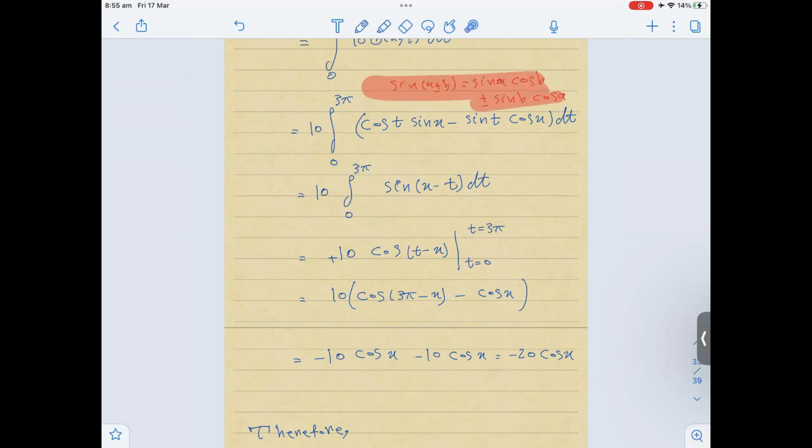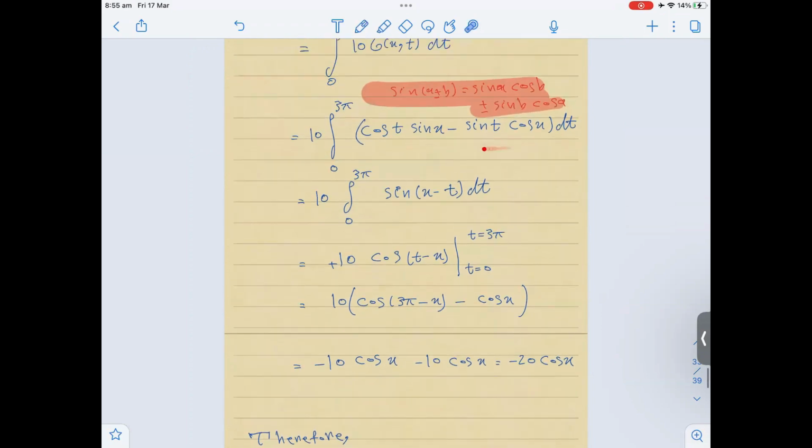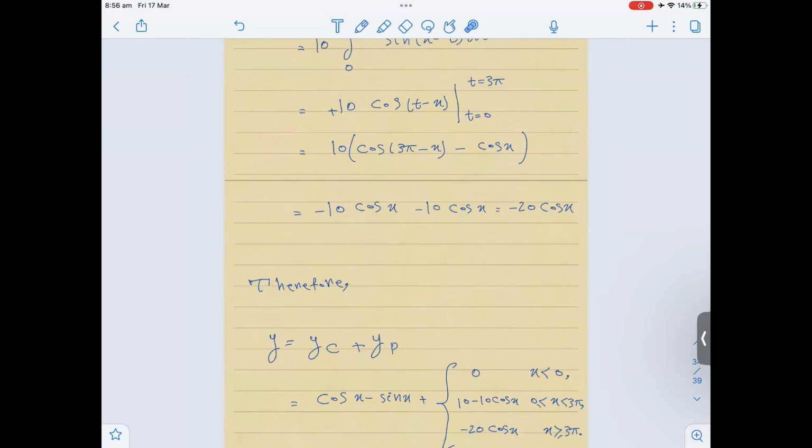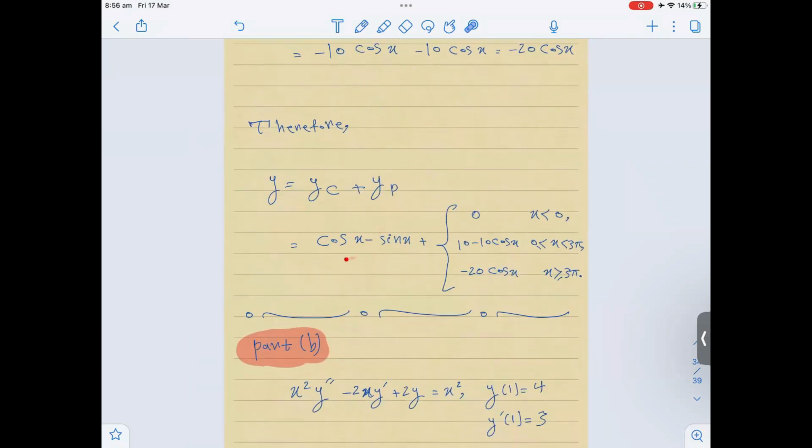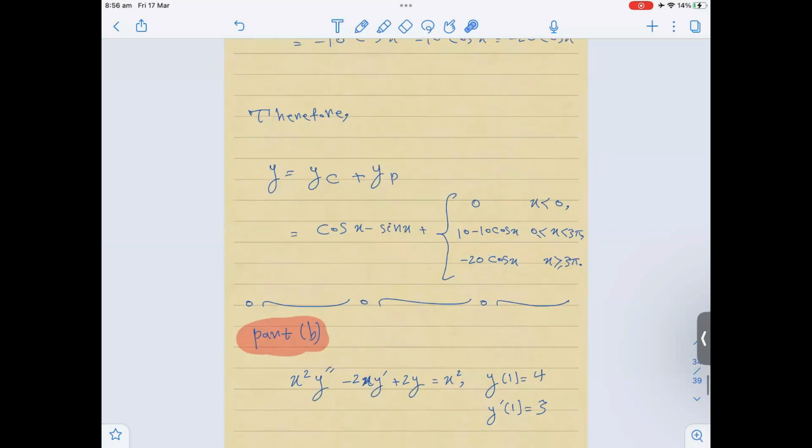That's why I'm able to write this inside parentheses like this, and it is easy to get its integration. So I will get this one minus 20. So y will be yc plus yp. Yc, this stuff, we already had the c1 and c2, and yp is 0 when x is in this interval. One of the signals that is time limited is the voice signal, the audio signal.